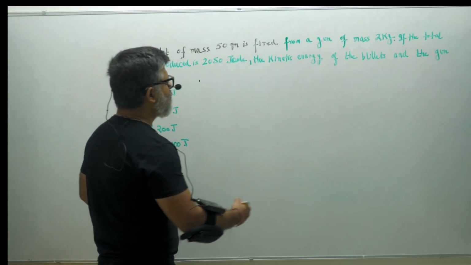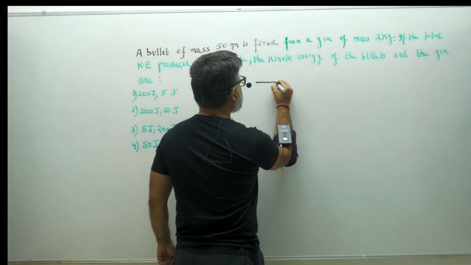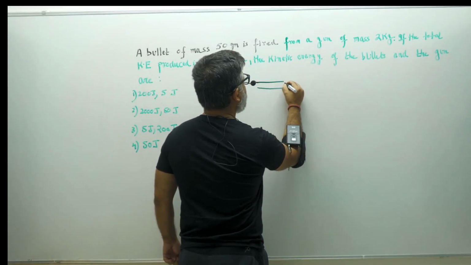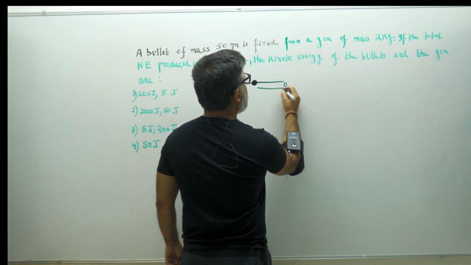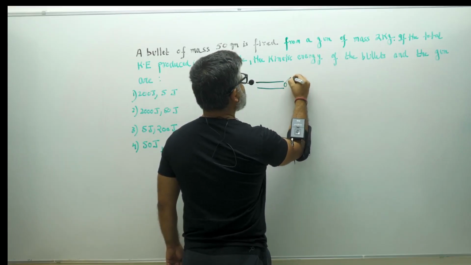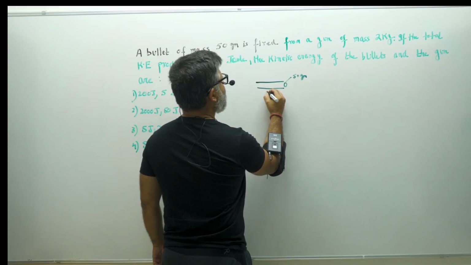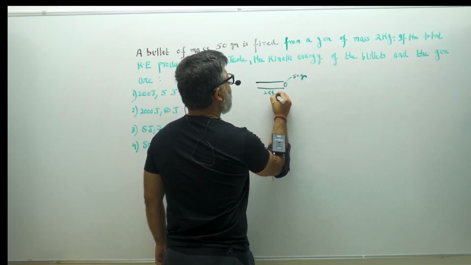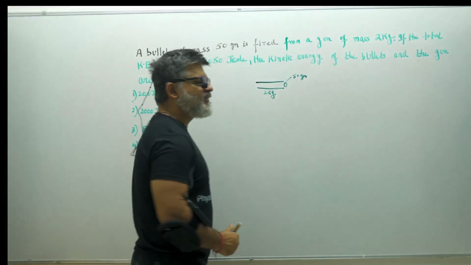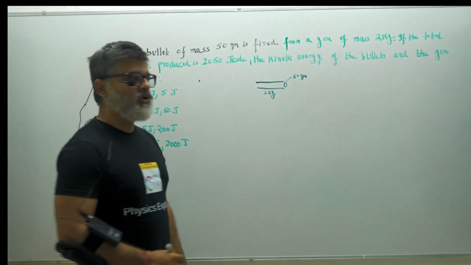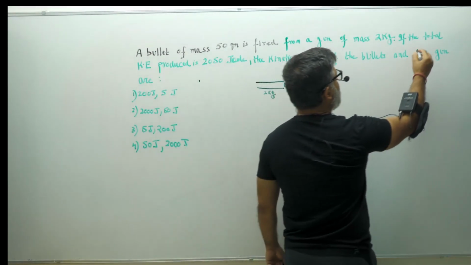So one, you have a gun. Okay, so this is your gun and the bullet is fired. The mass of the bullet is 50 grams. The mass of the gun is 2 kg. And the kinetic energy, what is very important to note is the total kinetic energy.